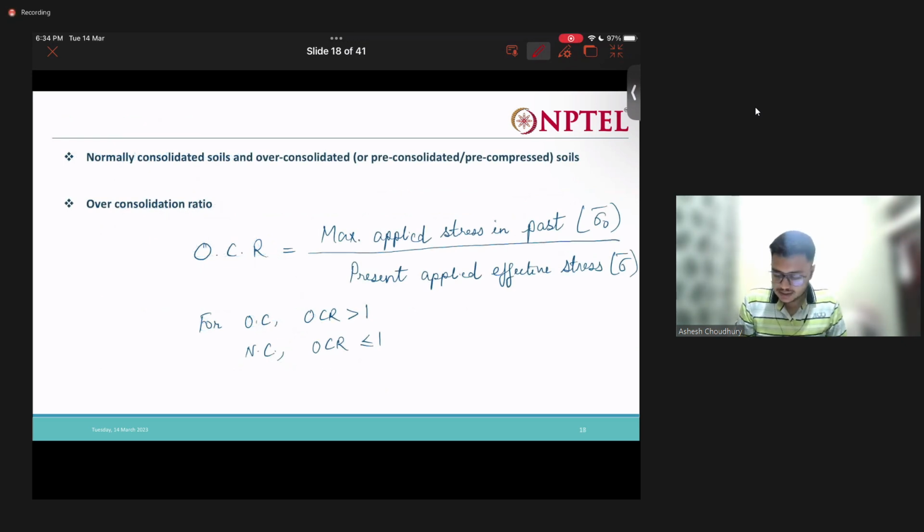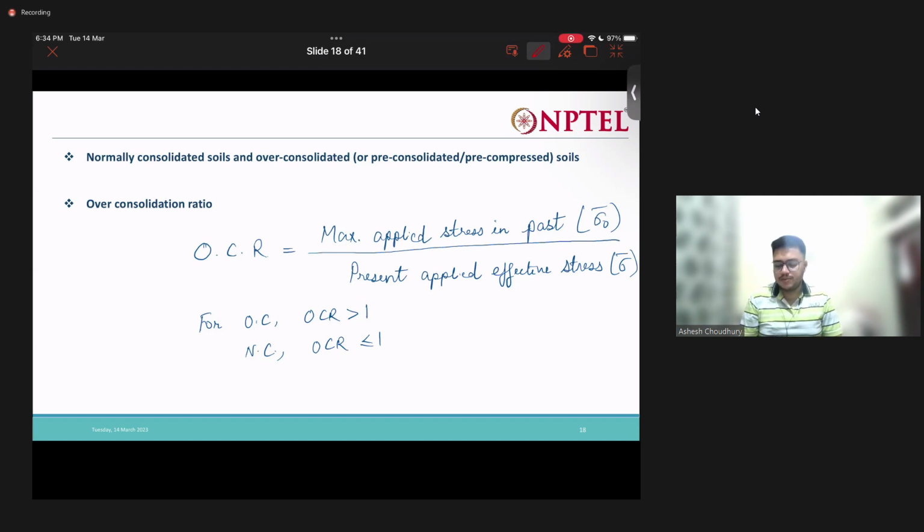So the next topic which is important to us is to understand what are normally consolidated soils and what are over consolidated soils. The other names for over consolidated soils are pre-consolidated or pre-compressed soils.